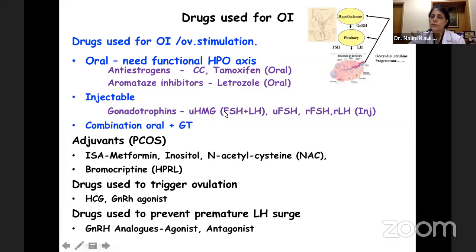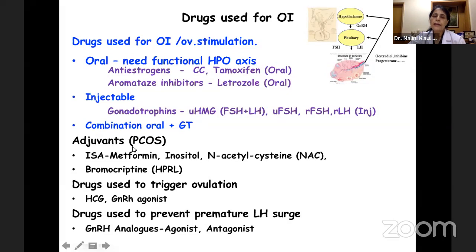You can have the urinary HMGs, which contain both FSH and LH. And this is important because in hypogonadotrophic hypogonadism, you need both the hormones. You can have pure urinary FSH, you can have recombinant FSH and recombinant LH. You can also give a combination of the oral and the injectables for ovulation induction.